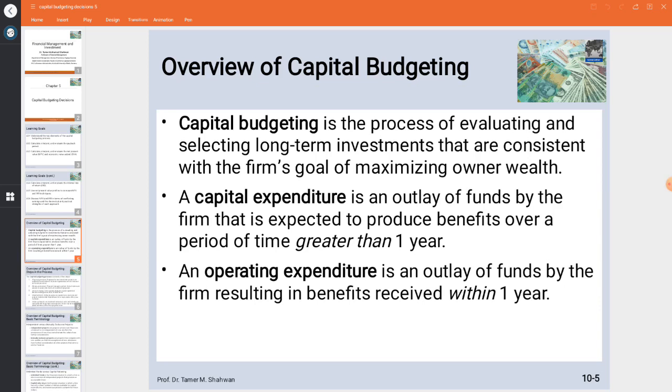If this expenditure is over a period of time greater than 1 year, it will be considered a capital expenditure. However, if this expenditure is over a period of time less than 1 year, in this case we could define it as operating expenditure.